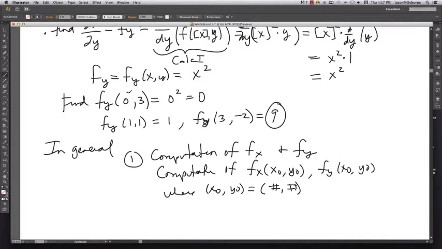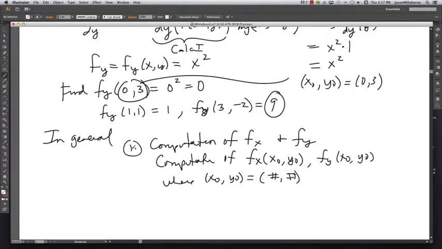So for example, in this problem, x naught, y naught was 0, 3. It's one thing to do these computations. It's another thing then to know in general the computation. There's a computation step.